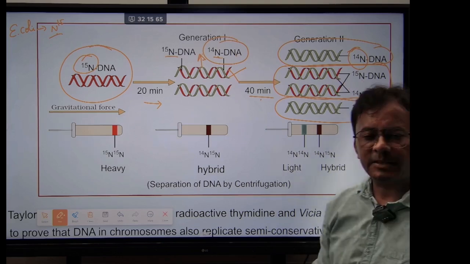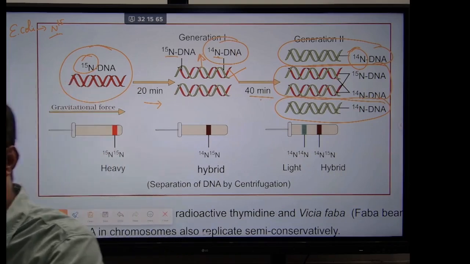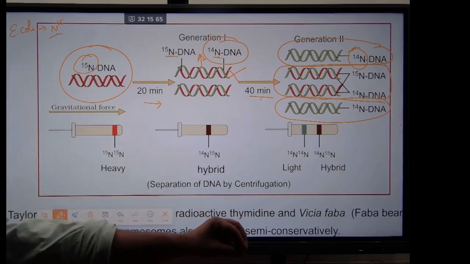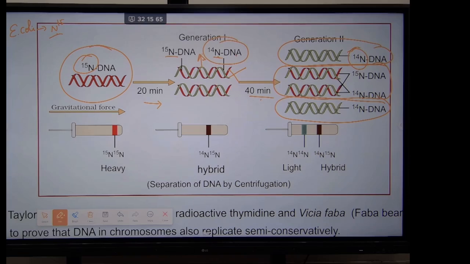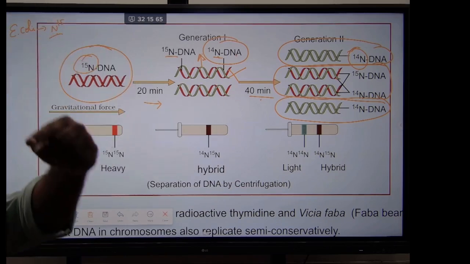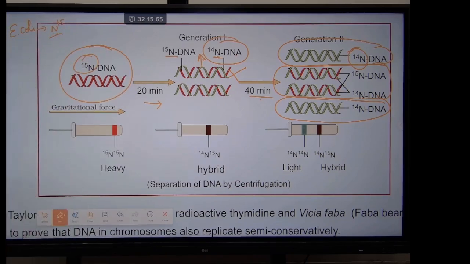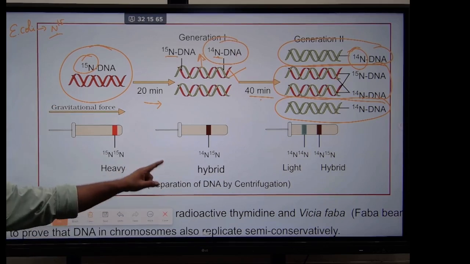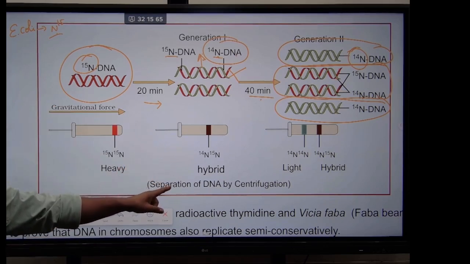Every time this experiment was conducted, they had the same results: one strand containing N15, the other strand containing N14, which means the newly synthesized molecule always contains one parental and one new strand. This is called the semi-conservative mechanism.